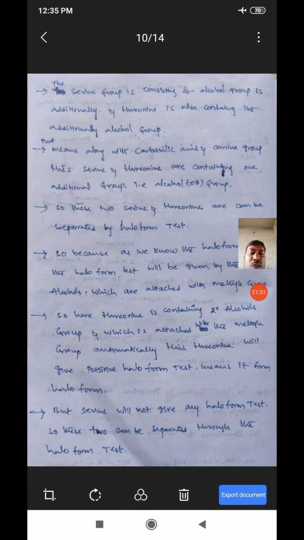So these two, serine and threonine, can be separated by the iodoform test.